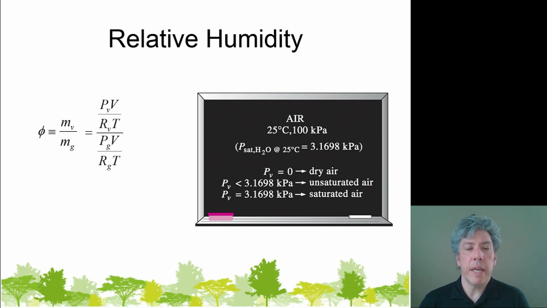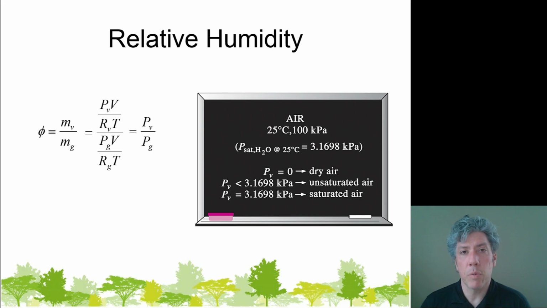Now, since we can write the ideal gas law for both the mass of the water vapor that's actually in the air and the maximum amount that could be in the air, notice we're using P_v, the partial pressure of the water vapor that's actually in the air, for the mass of the water vapor, and for the mass at saturation we're using the partial pressure at saturation, P_g. Well, they all take up the same volume, they're at the same temperature, and the gas constant is the same because both are water vapor now. We're not talking about water vapor over air, for example.